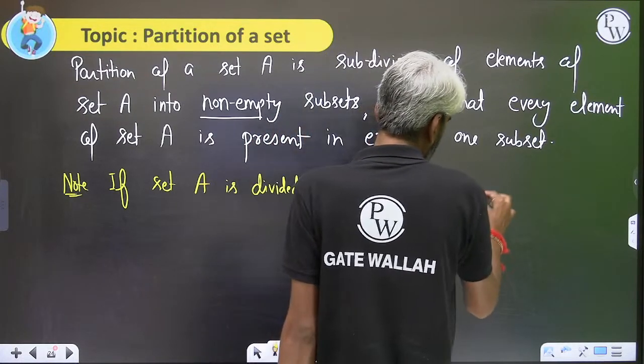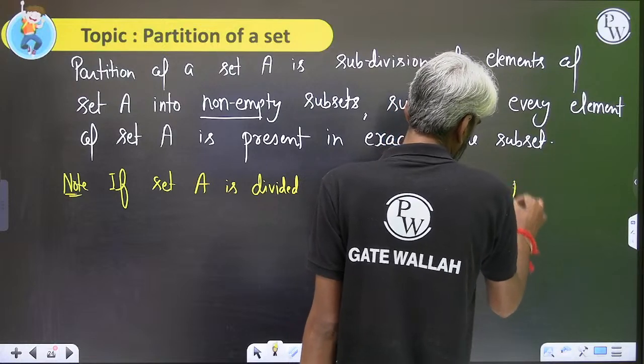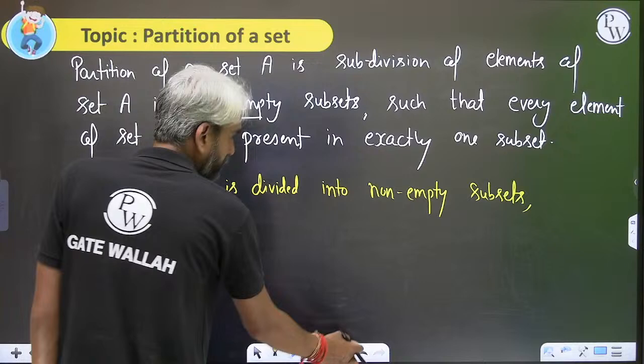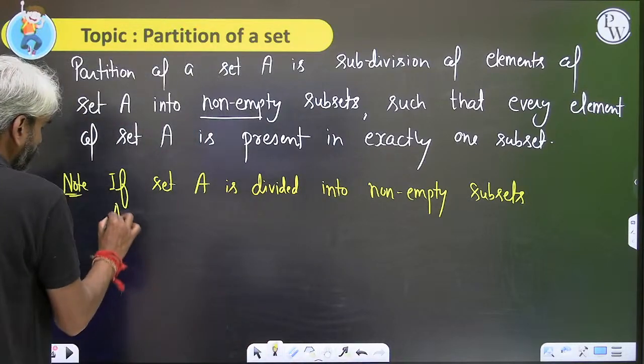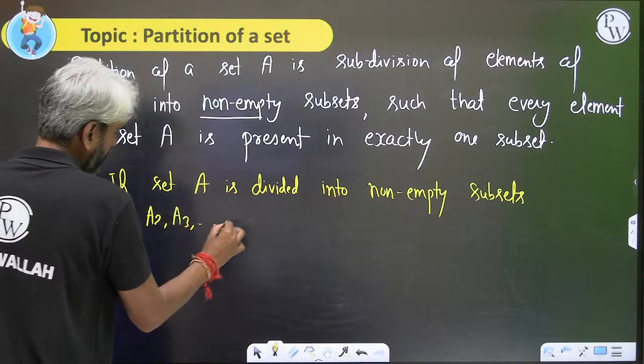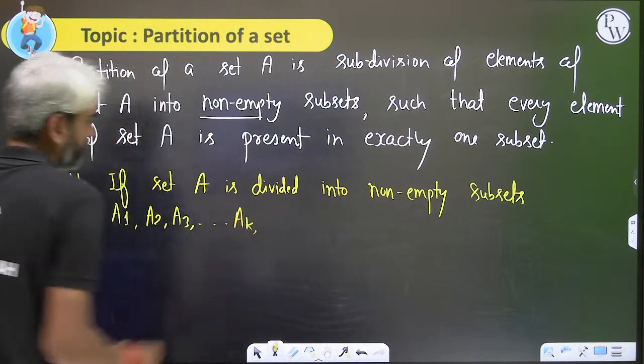Set A is divided into non-empty subsets A1, A2, up to AK.